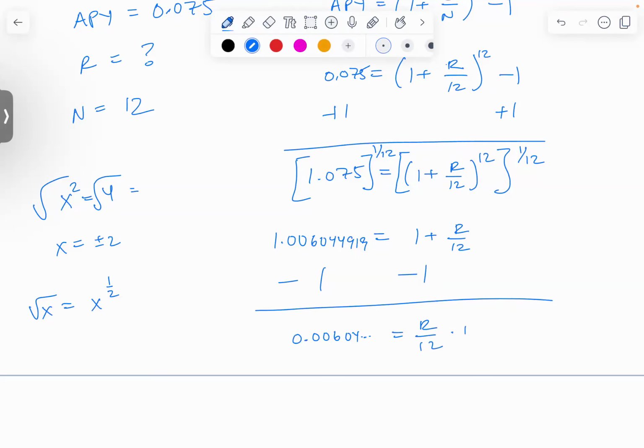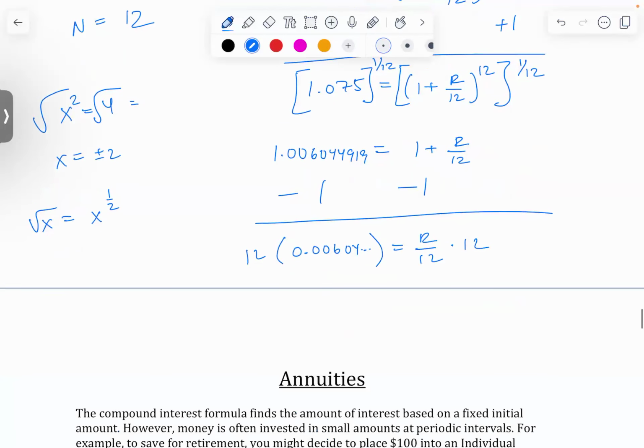And then multiply by 12. Which gives us 7 1/4%.